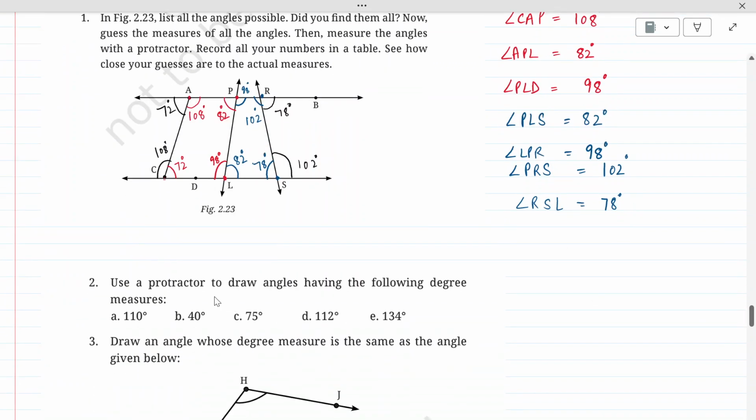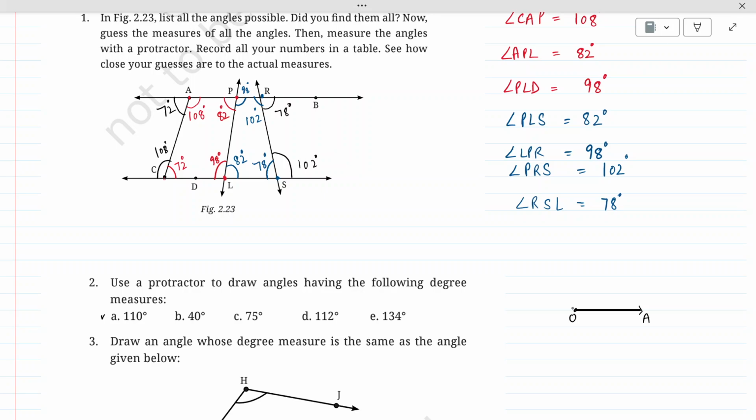Second thing is use a protector to draw angles having the following degree measures. So kids, I am very sure that by now you know how we have to make these angles using a protector, but I am giving you a hint again. So for 110 degrees, what we have to do is, vertex first, make a line. Let's say I'm making this as A, OA.